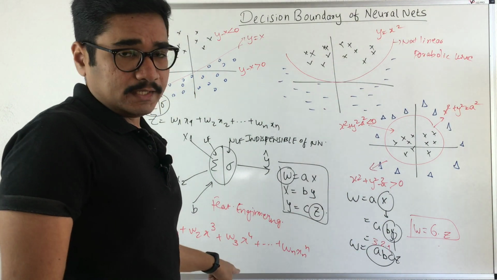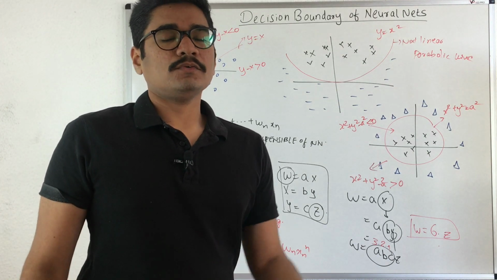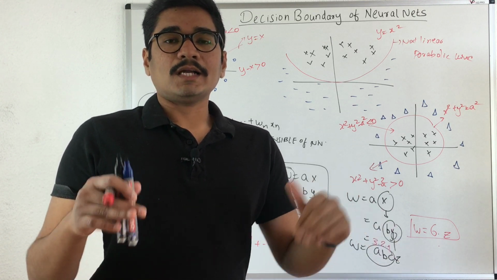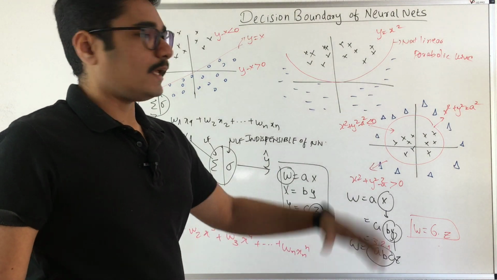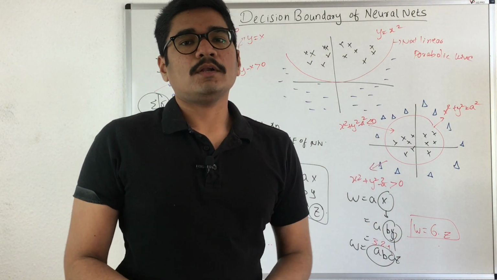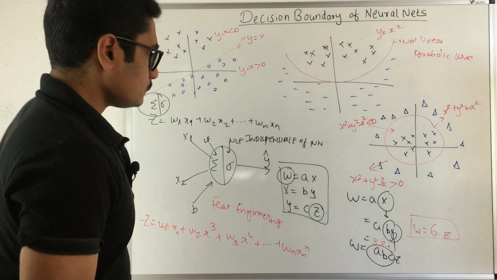But in the current deep learning techniques, we don't do feature engineering. Feature engineering is not a part of current deep learning trends. So all the inputs are considered as linear, and then we apply some non-linear function such as sigmoid, or other functions like ReLU or tanh.